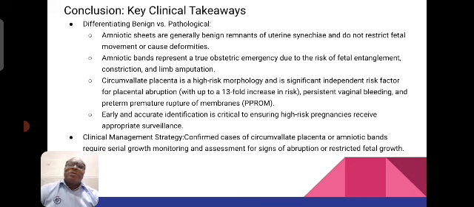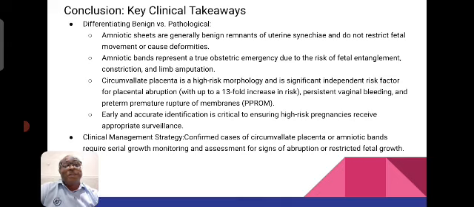In conclusion, amniotic sheets are generally benign remnants of uterine synechia and do not restrict fetal movement or cause deformities. Amniotic bands represent a true obstetric emergency due to the risk of fetal entanglement, constrictions, and limb amputations.